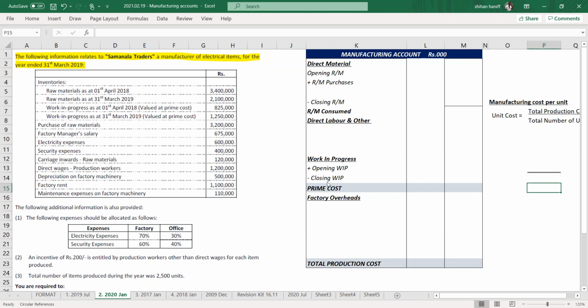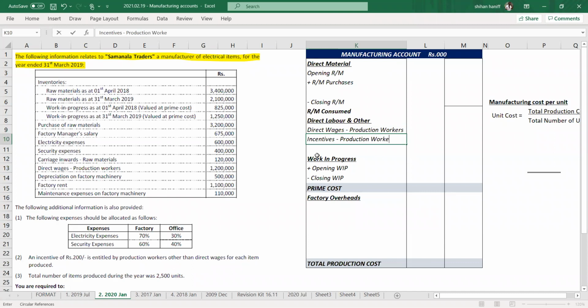There are doubts. So does incentive go under direct other? No, incentive goes under direct labor. So there is a direct wages for production workers and also incentives for production workers.